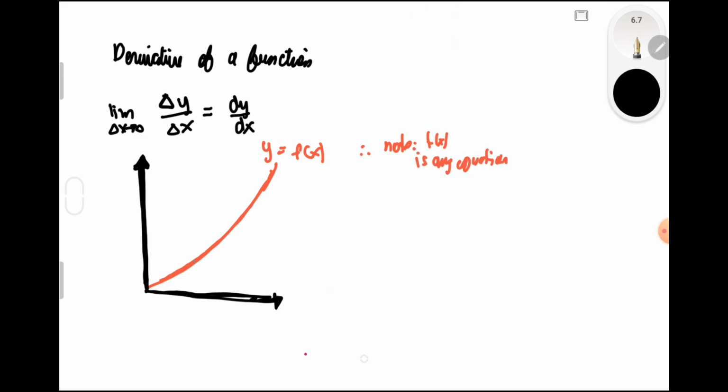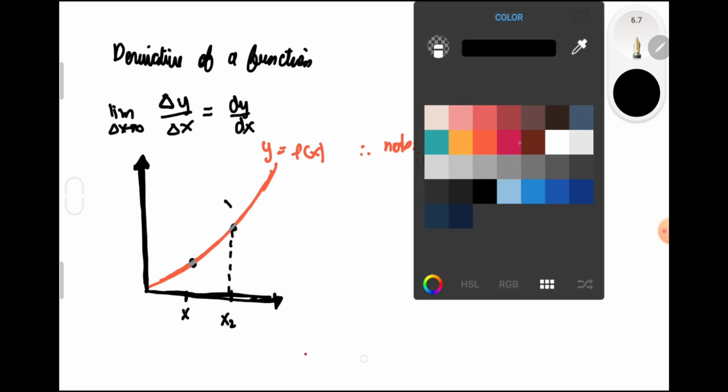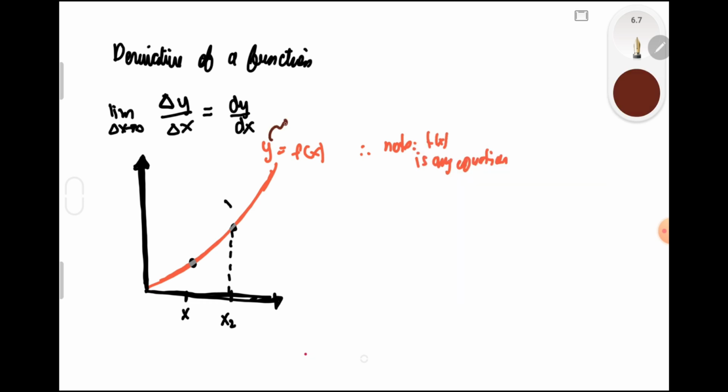We have our x sub 1, and then we have our x sub 2. So take note guys that our y is the output variable, diba? Yan yung nasa function natin dati. So y is the output variable and x is our input variable.